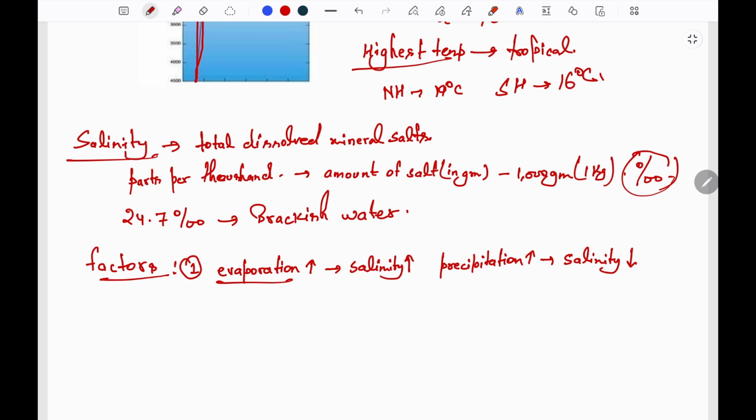Next is influx of fresh water through rivers and melting of ice. If it is more, then the salinity will be less.